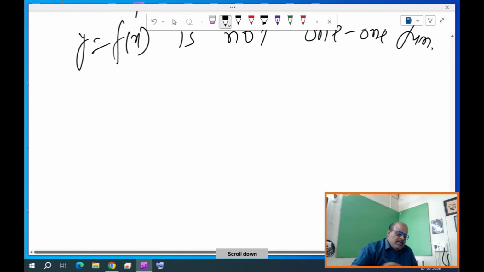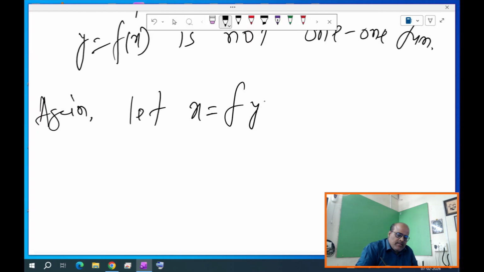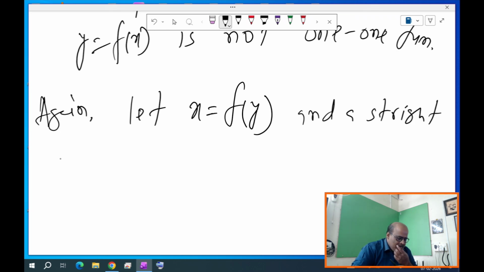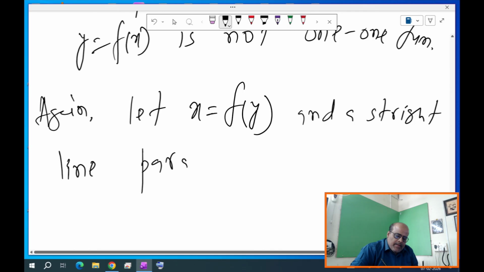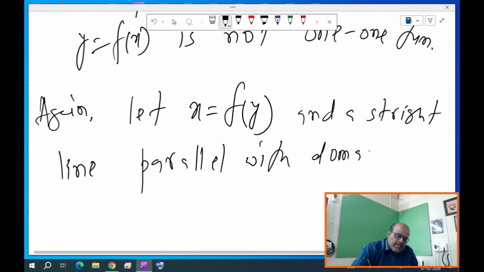Same, I will decide function of y: x equal to f of y, and again a straight line parallel to the domain. Here the domain is the y-axis.